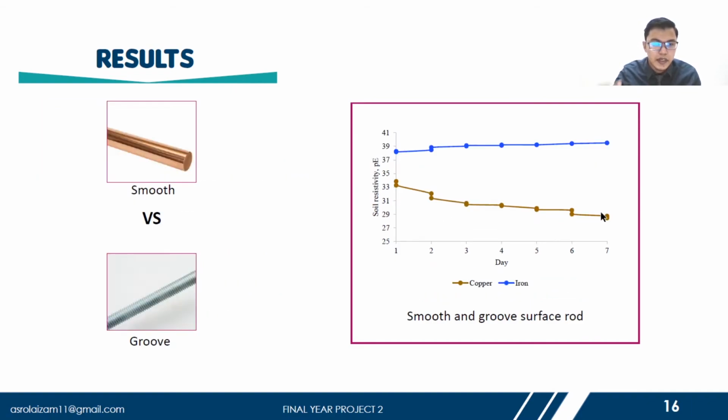And the last comparison is about the surface of the road. This is the smooth surface for the copper material road, and this is the groove surface of the iron road.